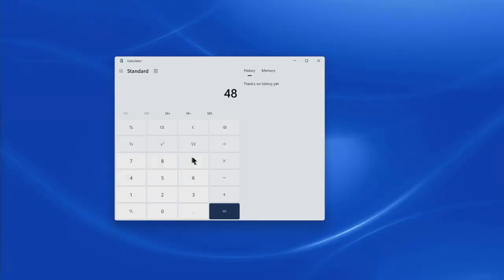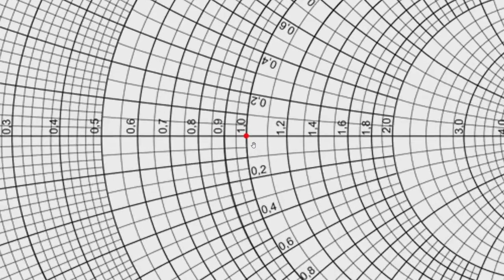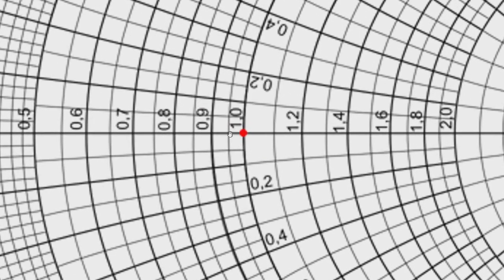It was 48 impedance, and we divided it by 50, the characteristic impedance: 0.96. There's 1, there's 0.9, that would be 0.95, so it would be right around here. So that would represent 48 ohms, because one would be 50 ohms in this case.